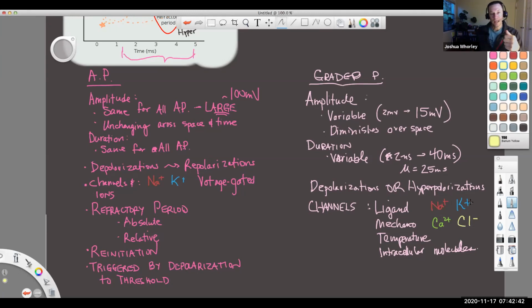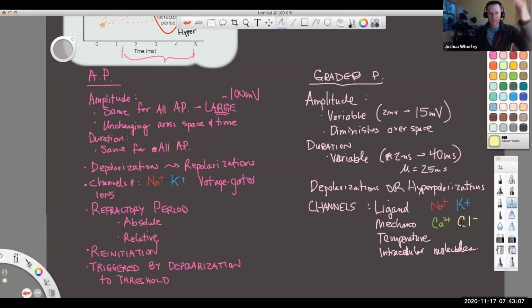But if you open potassium channels, there's a little bit of a concentration gradient on potassium to flow outward. So if you open more potassium channels, you're going to get an efflux of positive charges. You're going to get more negative, a hyperpolarization further from zero, further from threshold.